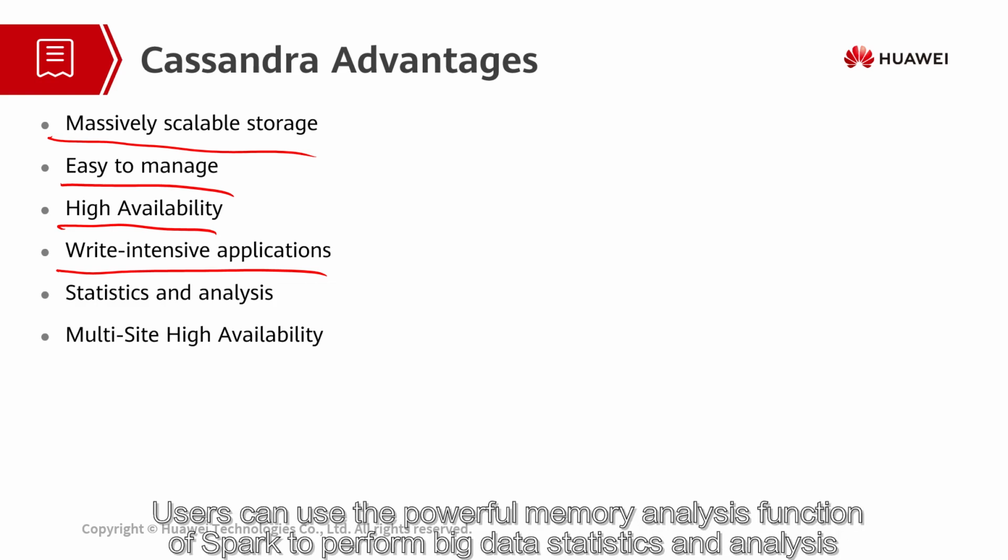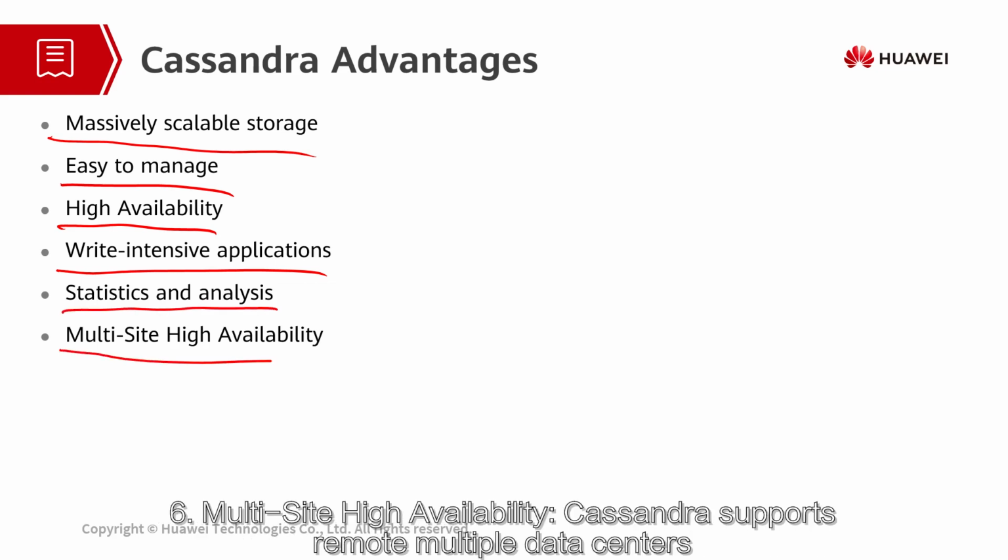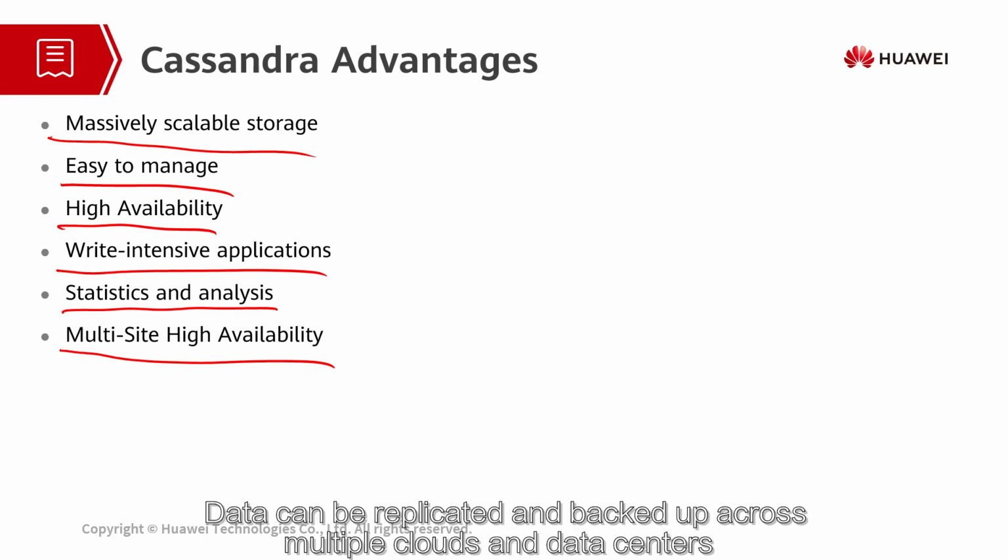Users can use the powerful memory analysis function of Spark to perform big data statistics and analysis. Sixthly, multi-site high availability. Cassandra supports remote multiple data centers. Data can be replicated and backed up across multiple clouds and data centers.